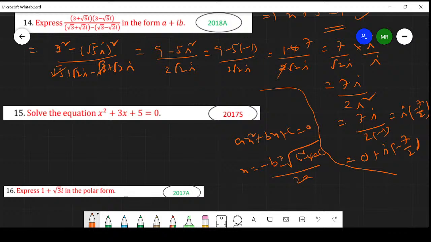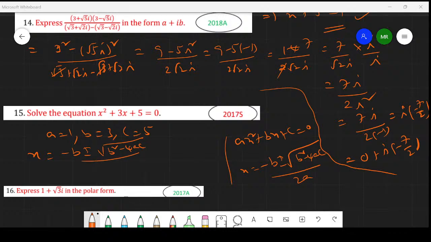So you remember this formula to solve this problem. Here a is equal to 1, b is equal to 3 and c is equal to 5. Use this formula.